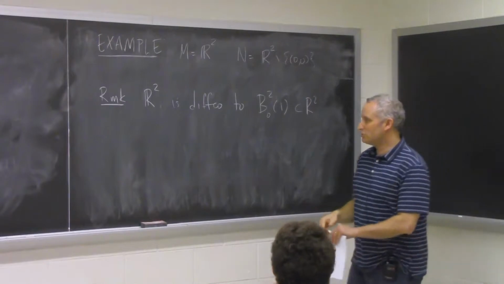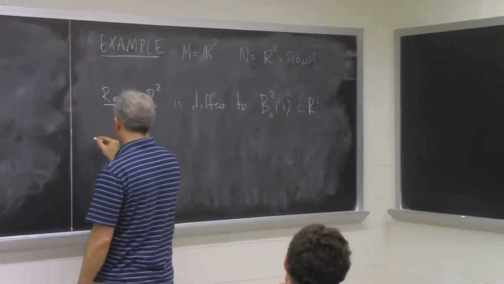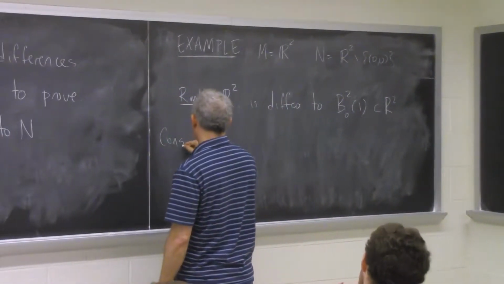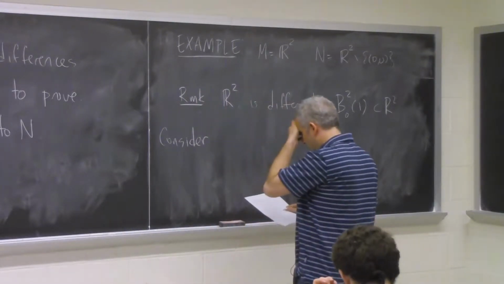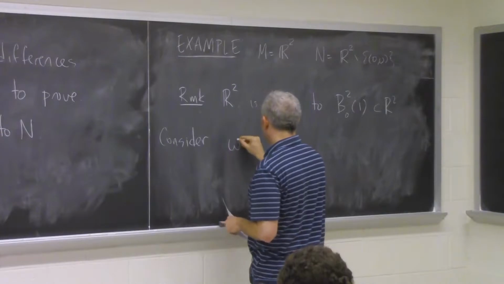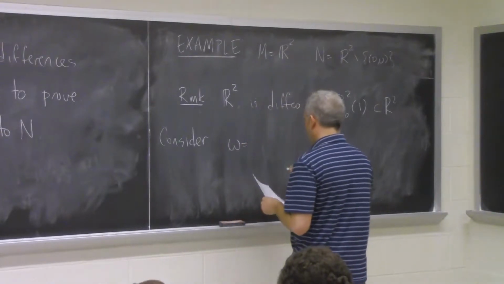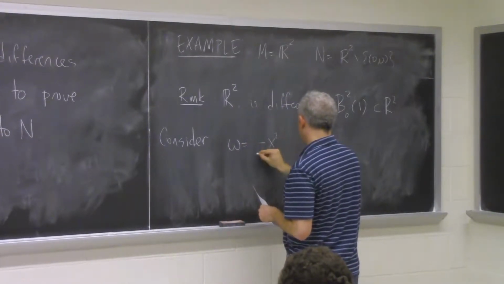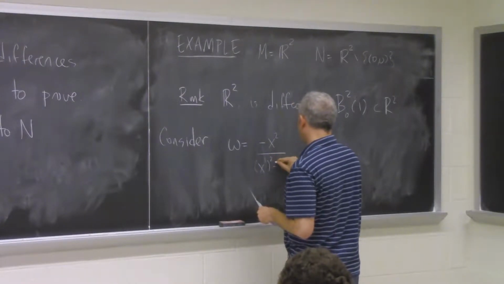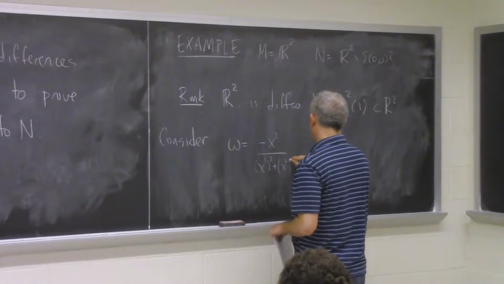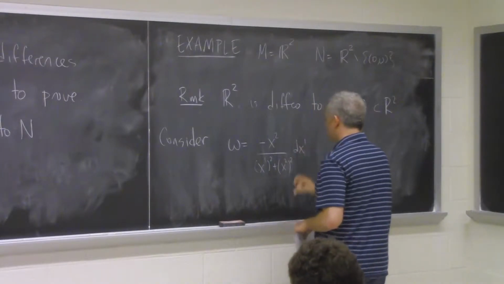Okay. So here is one form which sees this. So this is omega, and it will be minus x2 over x1 squared plus x2 squared dx1.